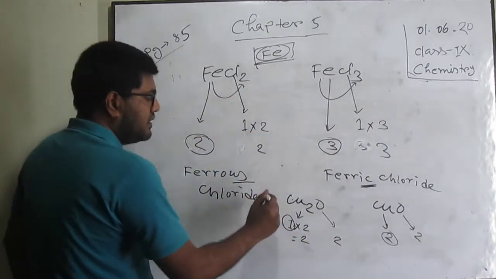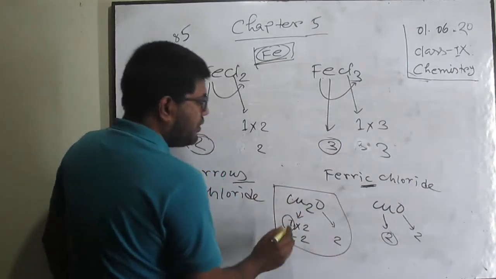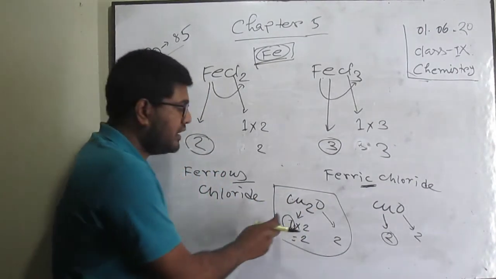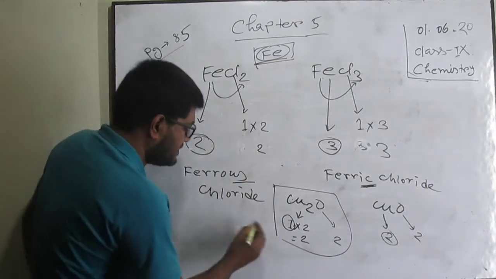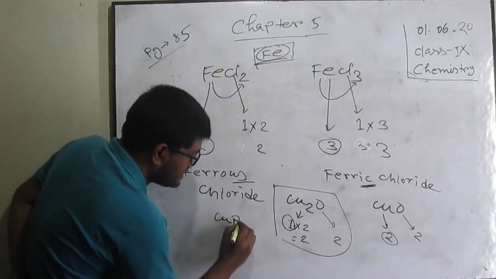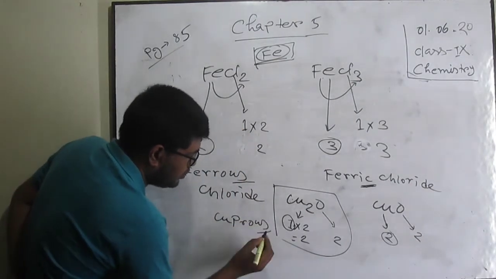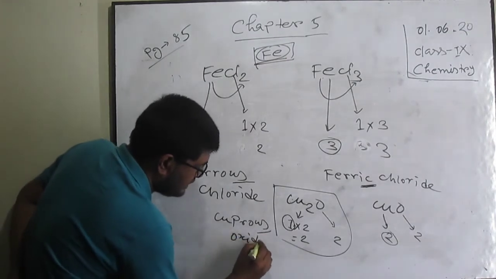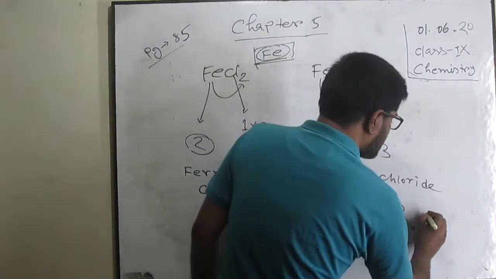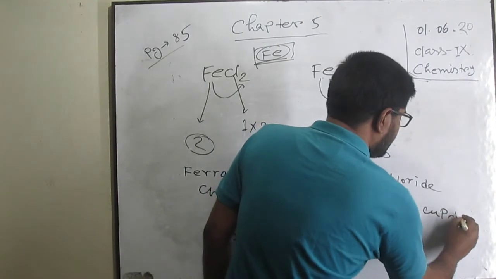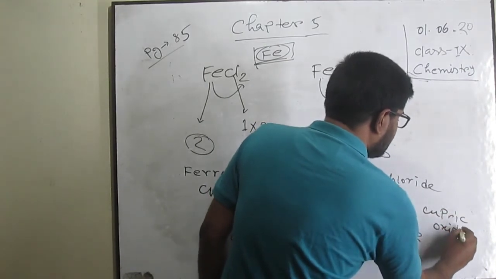For this reason this compound is called cuprous oxide, C-U-P-R-O-U-S, cuprous oxide, and this compound is called cupric oxide.